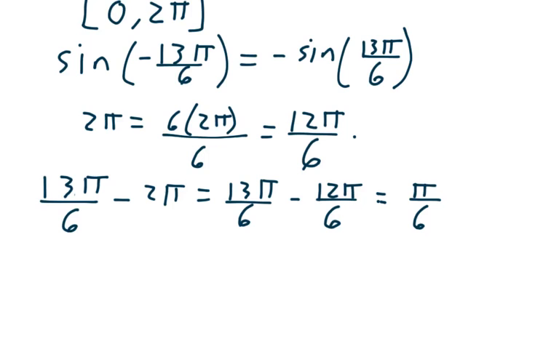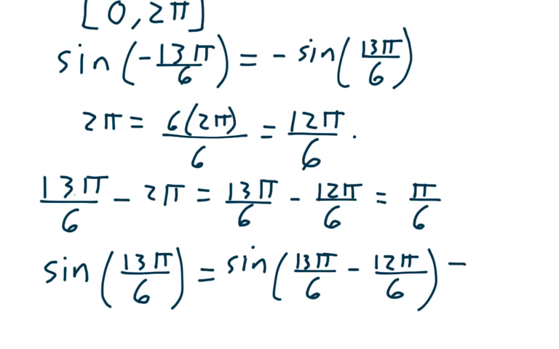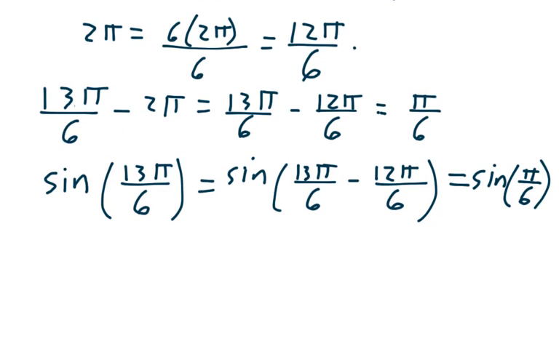And again, this implies that sine of 13 pi over 6 is the same as sine of 13 pi over 6 minus 12 pi over 6, and that's equal to sine of pi over 6. Now, sine of pi over 6 is a half. So this is equal to 1 over 2.